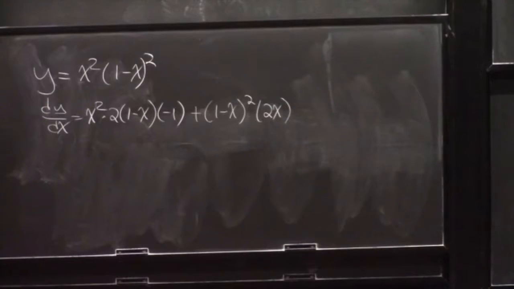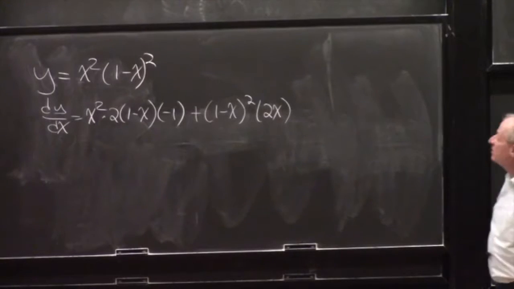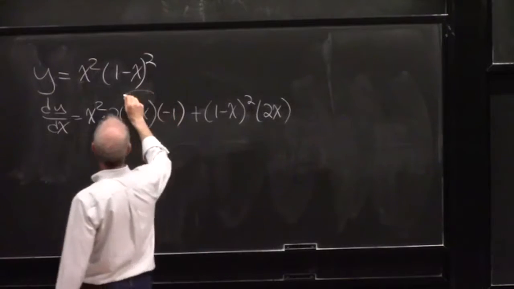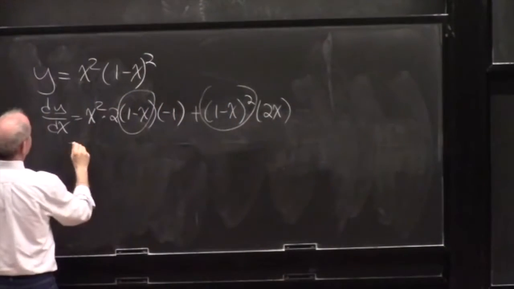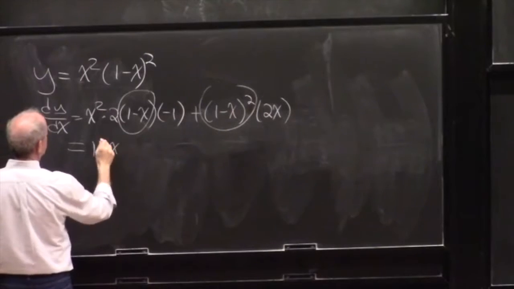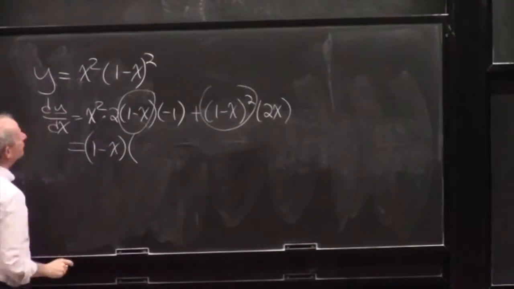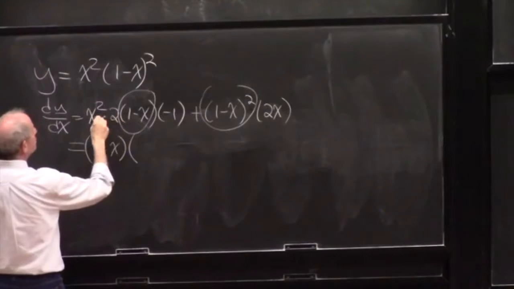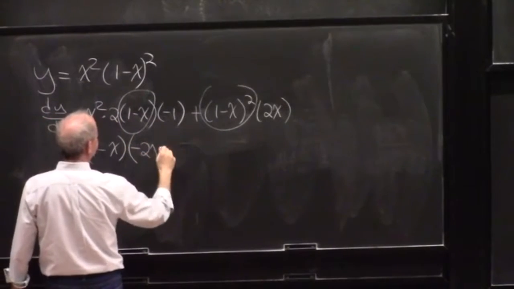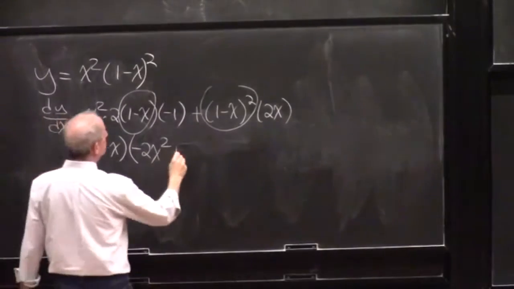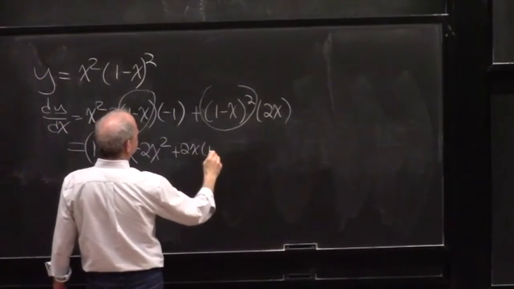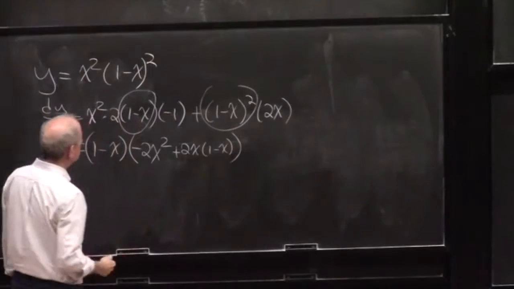Now how would we find when that's 0? Well, there's a couple of little tricks you can do for yourself. Notice, this contains a 1 minus x, 1 minus x squared. So you could pull 1 minus x out of this. And you're left with negative 1 times 2, so negative 2x squared. Plus 2x times 1 minus x.